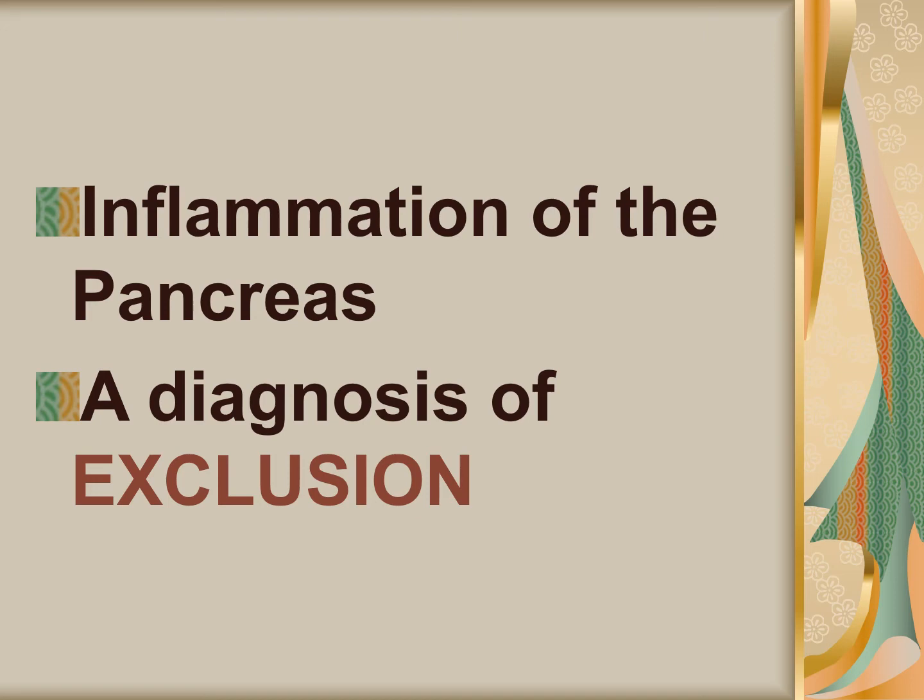Also, what we may find is that at times the powerful pancreatic enzymes may inappropriately digest the pancreatic tissue itself, which will in turn produce really severe abdominal pain and other pancreatic signs and symptoms. Pancreatitis etiologies. Alcohol abuse is one, and typically gallstone blockage of bile is the second one.